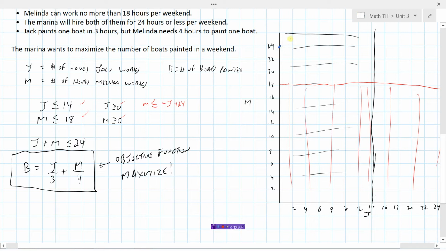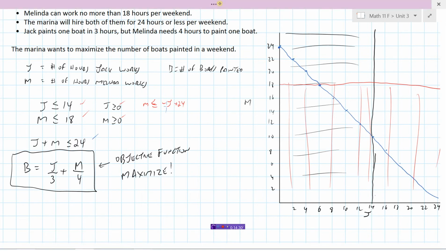That's right there. And we have a slope of negative 1, so that's like down 1 over 1, or I could go down 2 over 2. Same thing. That's going to give me this line. There we go. So I think now we have all of our constraints done.